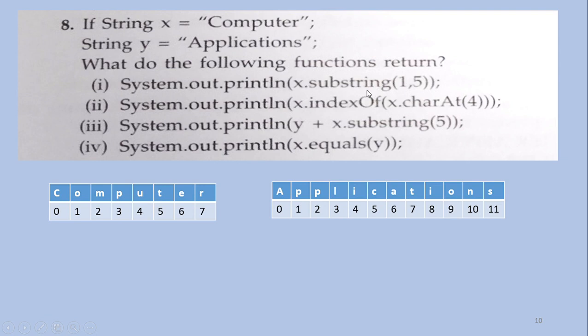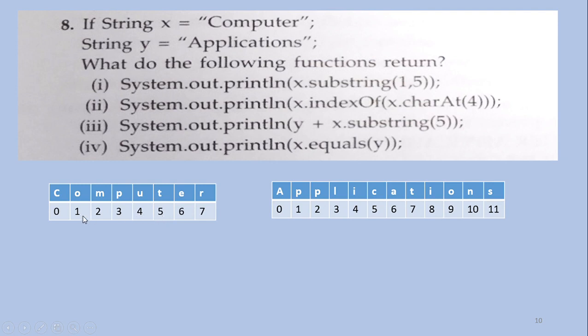When I am using the substring with starting and ending number, if I say 1, 5, it will include 1 and exclude 5. So when I say x dot substring 1, 5, this is my x. I have to start from 1 and I should extract till 5, but 5 will not be included.